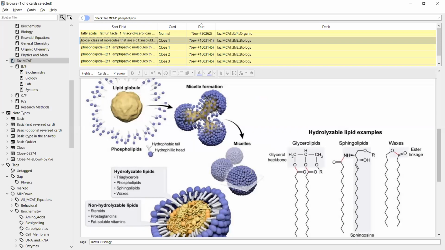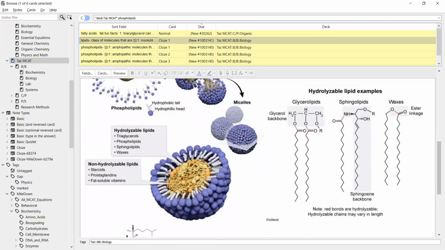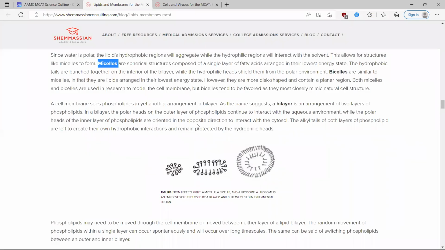All of the water is happy to interact with the hydrophilic heads, and all of the nonpolar hydrophobic tails are happy to interact with themselves on the inside. And then here's a cross section of what it looks like, right? All the nonpolar stuff is inside, all of the polar stuff is on the outside. That's a micelle. They are maximizing the free energy there.